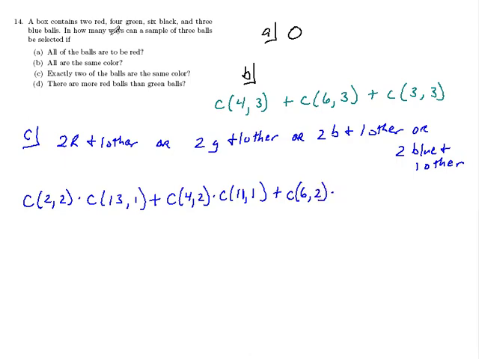The 1 other. There are 9 that are not black. And then 2 blue, and then pick one from the 12 that are not blue.